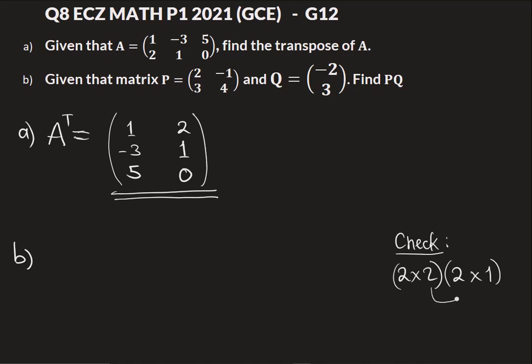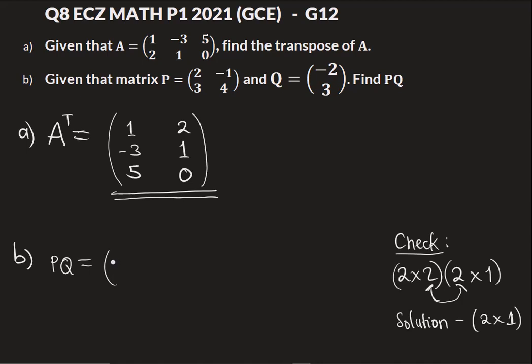So because these numbers match, we are happy and can perform matrix multiplication. If they don't match, we can make a sad face. Next, we can also see that our solution is going to have an order of 2 by 1. This is due to the outer numbers, these outside numbers, the 2 and the 1.